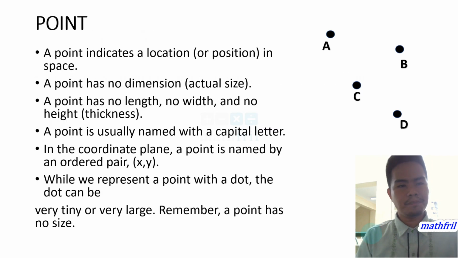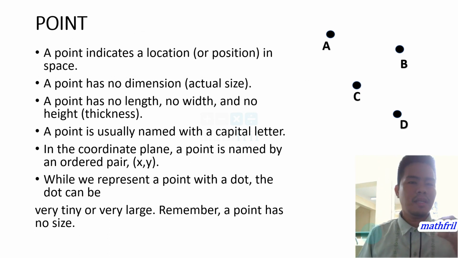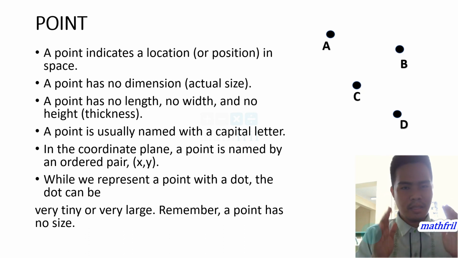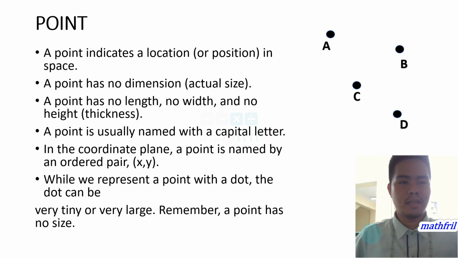For example, a point can be described in any form. It can be anything that suggests a point. Take note, we are just focusing our attention on the geometry itself. In the first statement here, a point indicates a location or a position in space.